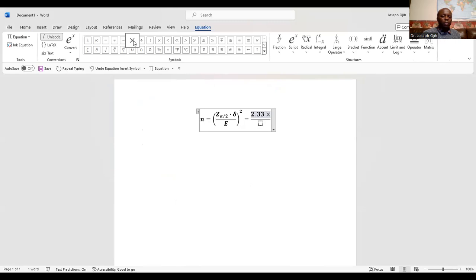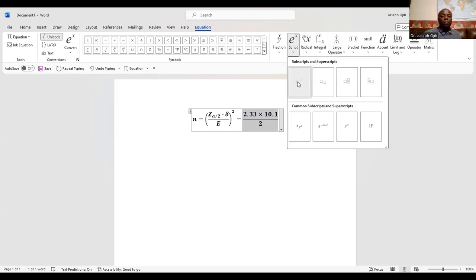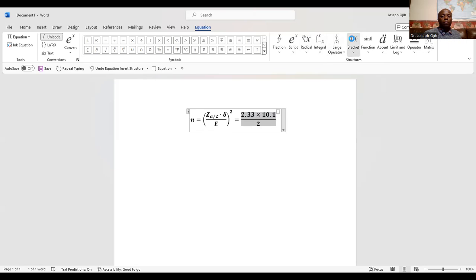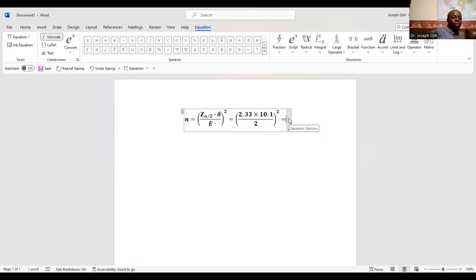Times standard deviation of 10.1, divided by error squared. Error is 2. So I'm going to square all of this. Let's put this in the calculator so we can get our final answer.